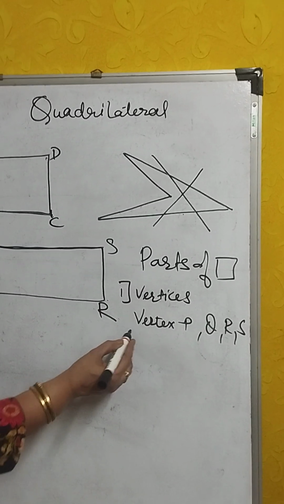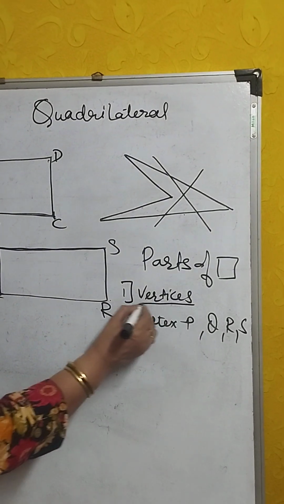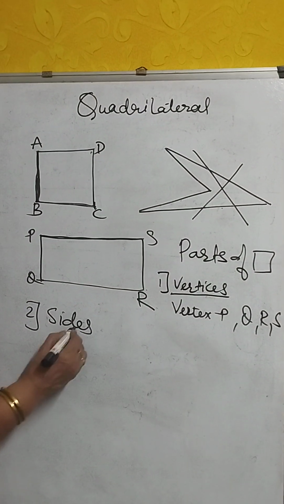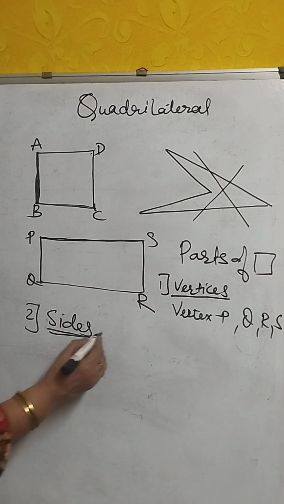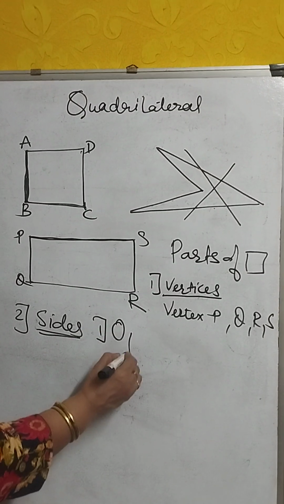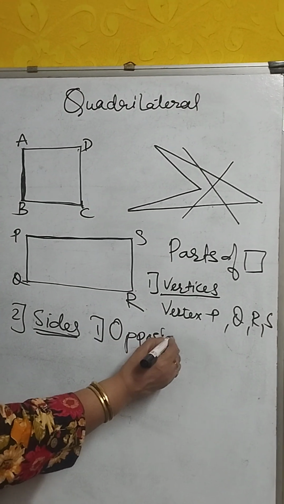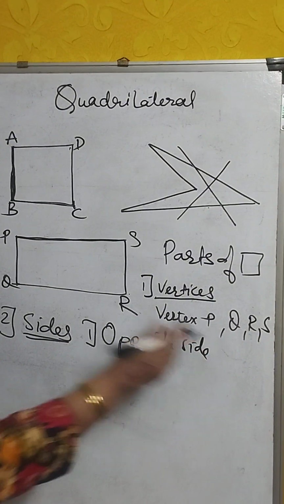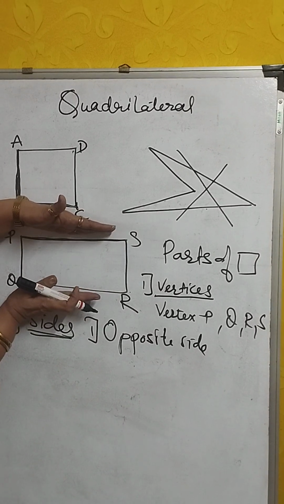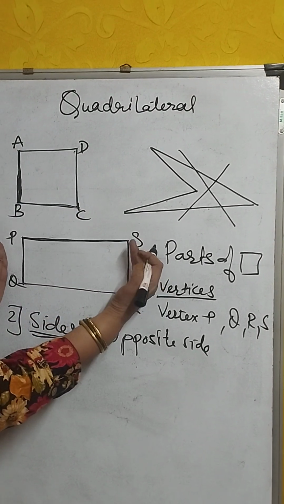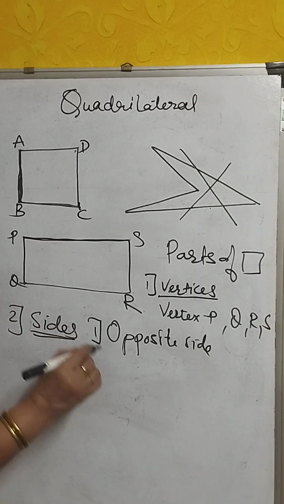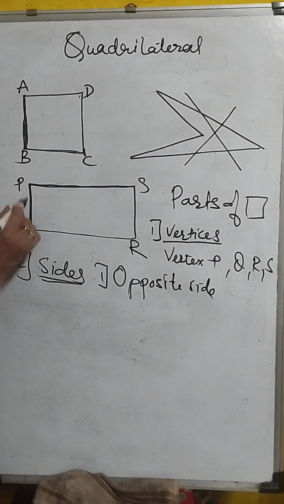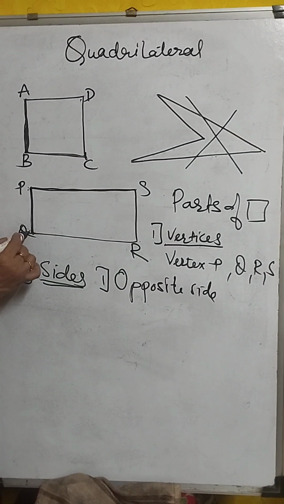Now, after vertices is the first, second is sides. There are two types of sides. One, opposite sides. What are the opposite sides? Opposite sides are PS and QR, PQ and SR. When we write a side, we should use two alphabets because a side is covered by two alphabets.